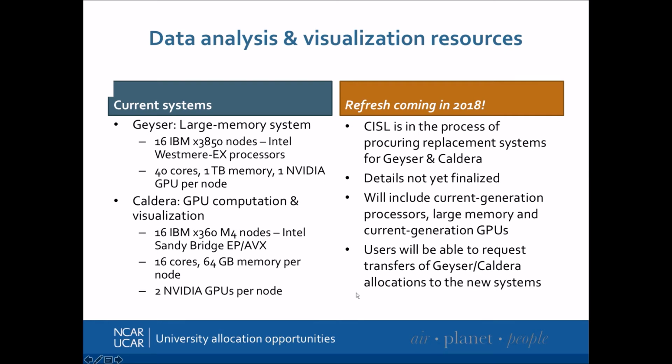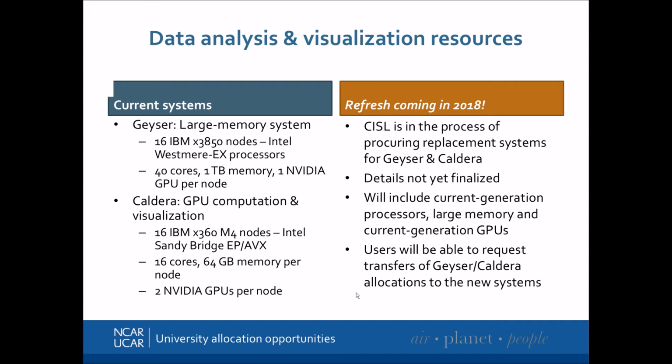We do still have data analysis and visualization resources. At the moment, the Geyser and Caldera systems remain available. But if you've been with us for a while, those were procured with the original Yellowstone system, so they date back to 2012. A refresh is coming this year, and we're well underway with that, but the details aren't yet finalized.